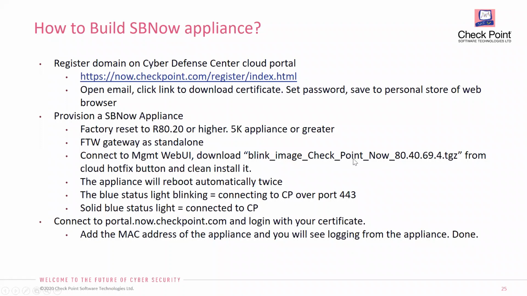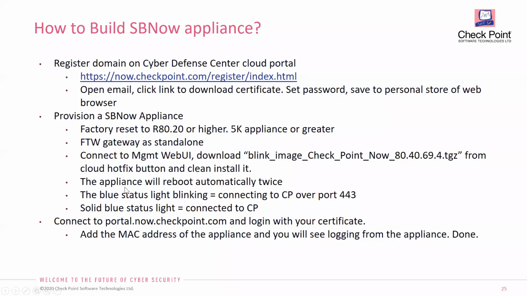For those familiar with blink, the appliance will reboot twice, and then once it's back up after the second reboot, the blue status light on the appliance will start blinking. That's letting you know that it's phoning home to Check Point over 443 to pull down the latest policy. Solid blue light status means it's connected.